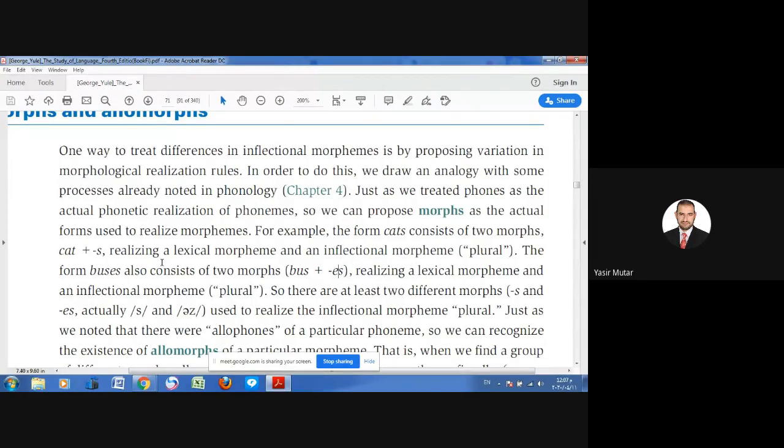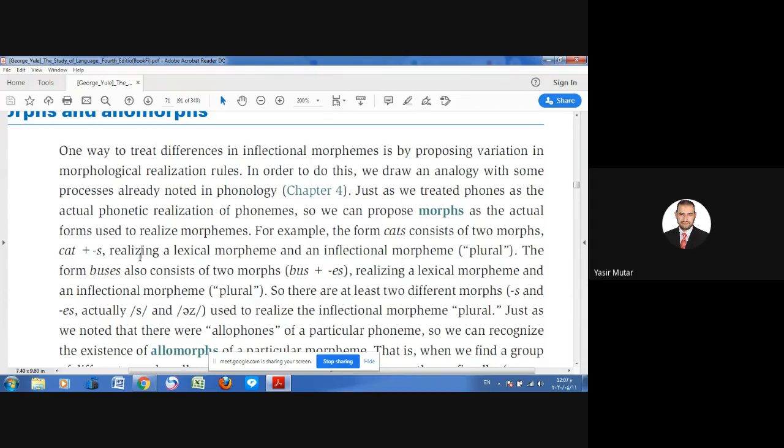Why? We have different forms of plural. For example, child plus plural. Instead of saying s, we don't have childs in English; we have children. So child plus plural is the nearest to the mind.